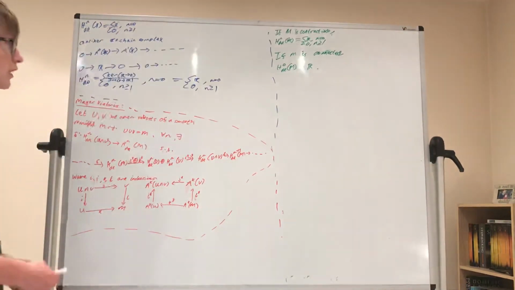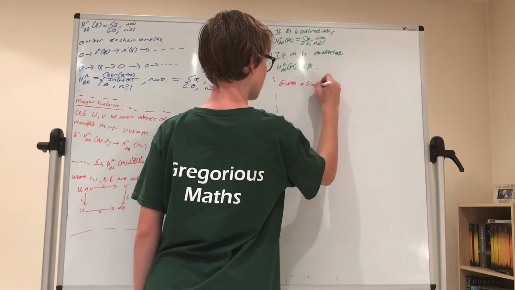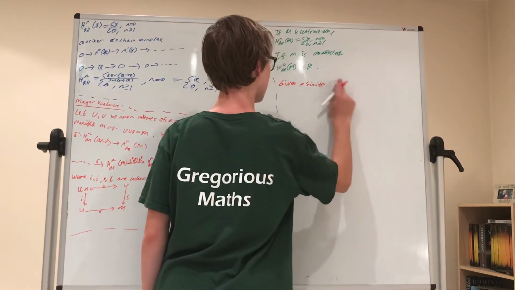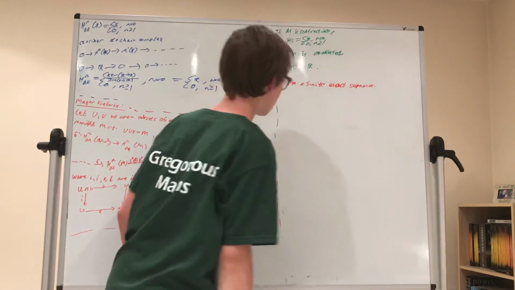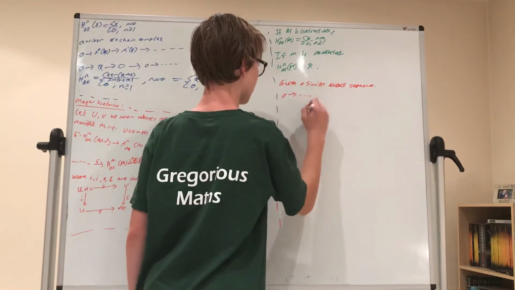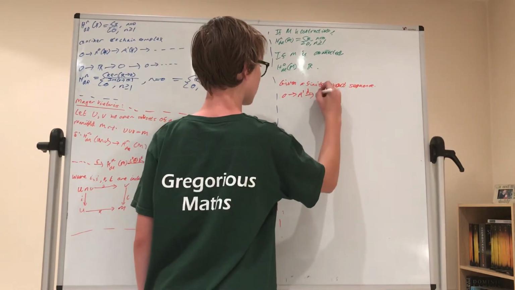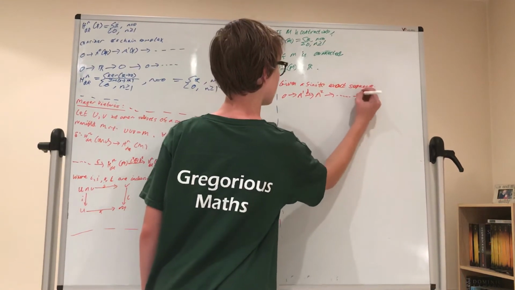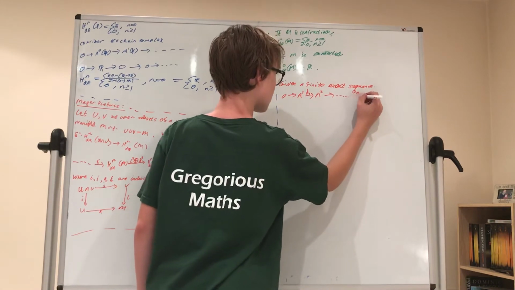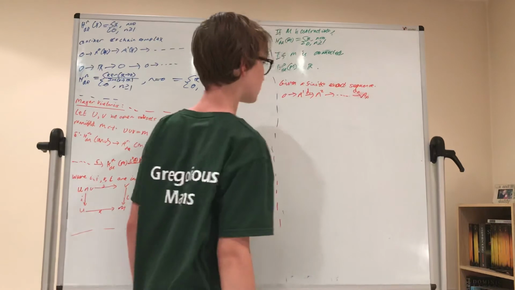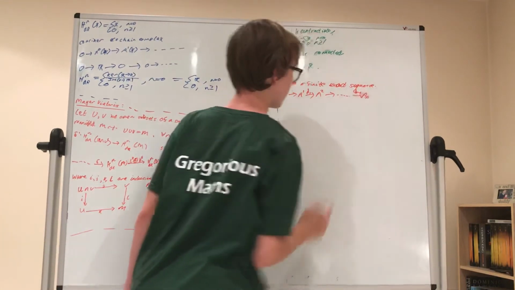So now, the final one is, if we have a finite exact sequence, not short, just exact: 0, and then this goes to A1, and then via D1 to A2, and so on, and then via D_{p-1} to A_p.